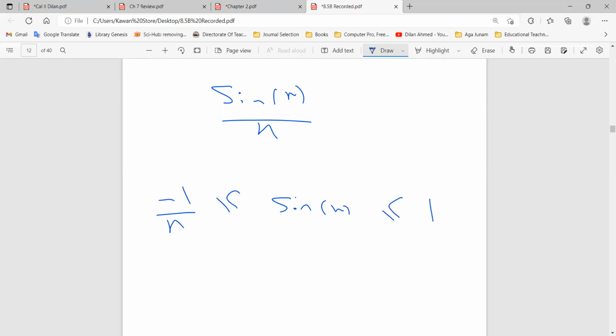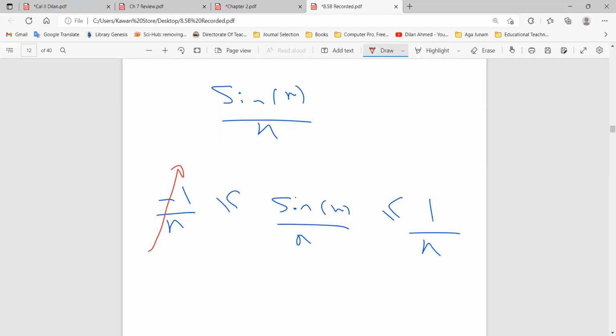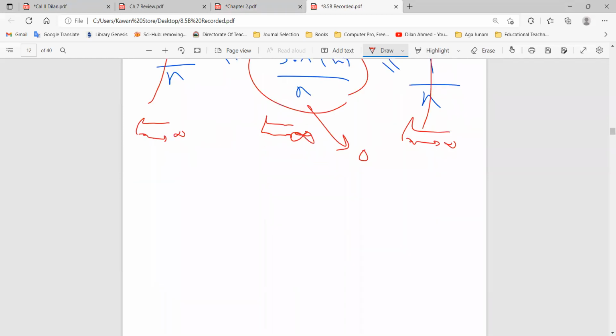So I have 1 over x, 1 over x, 1 over x, right? Take the limit of each side as x approaches infinity. I know 1 over x is equal to 1 over minus 0, so of course that one will be 0. You got it? If x approaches infinity, do not worry about that one. I'm going to repeat this one for you.